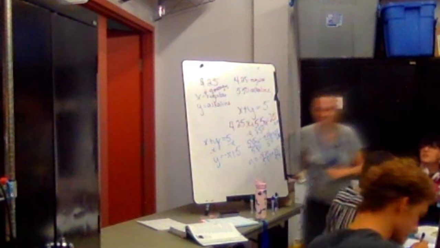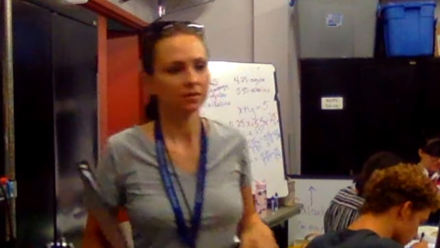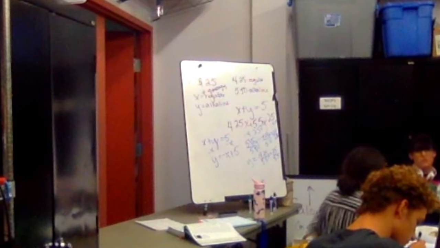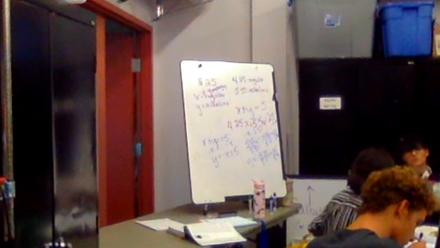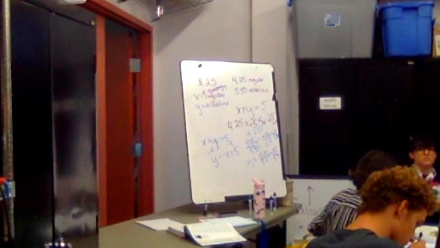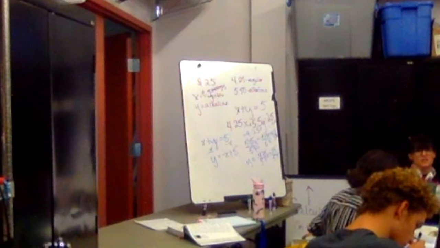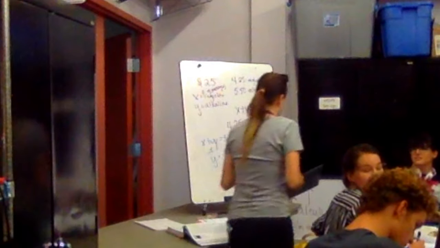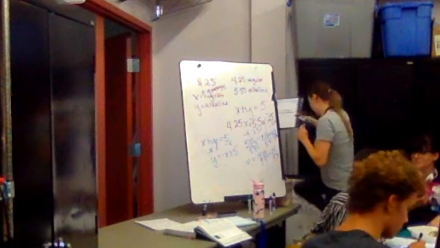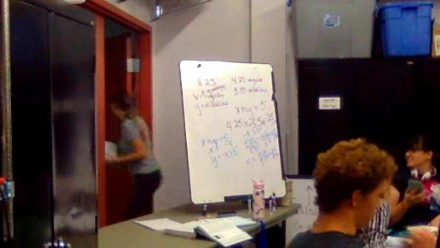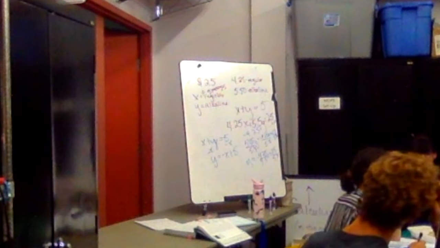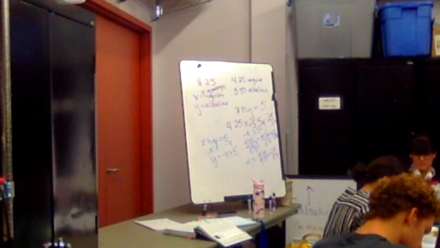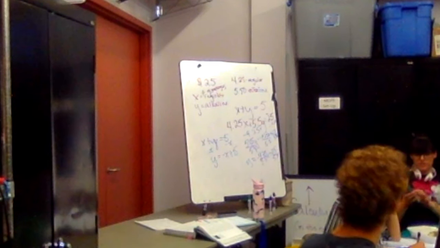So negative 4.25 divided by 5.5x, and then plus, and then in parentheses 25 divided by 5.5.